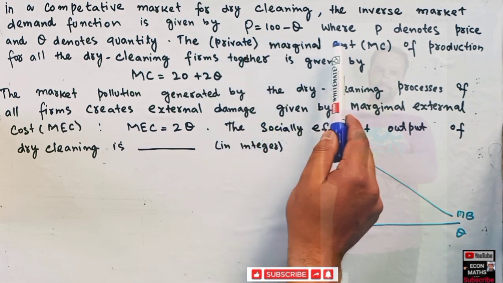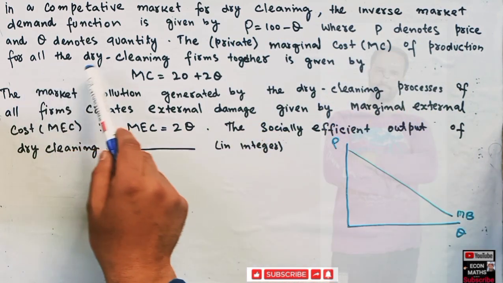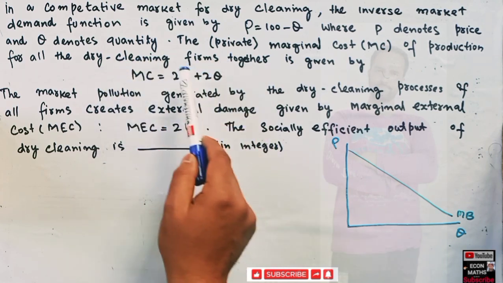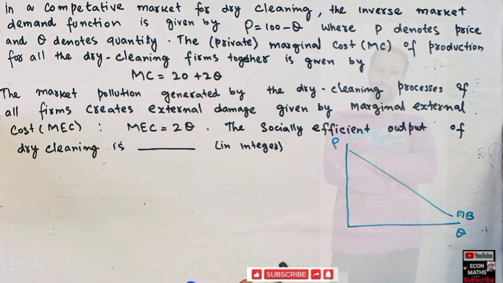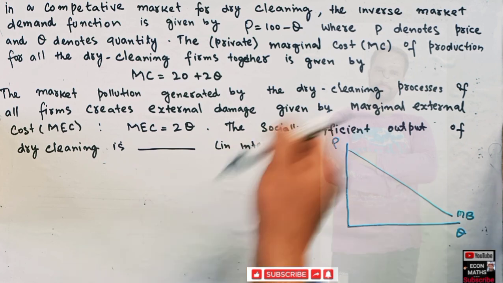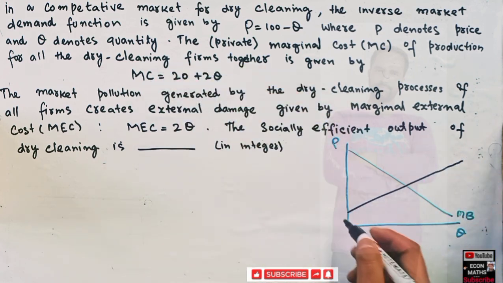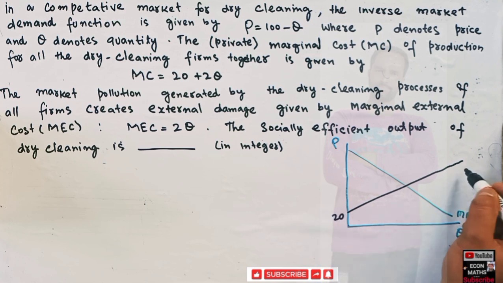The private marginal cost of production for all dry cleaning firms together is given by this total marginal cost of the firms. So this is our marginal cost. Let's denote it here. We have 20 as the intercept. This is our marginal private cost.